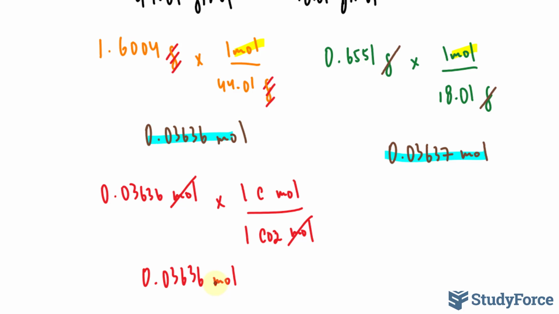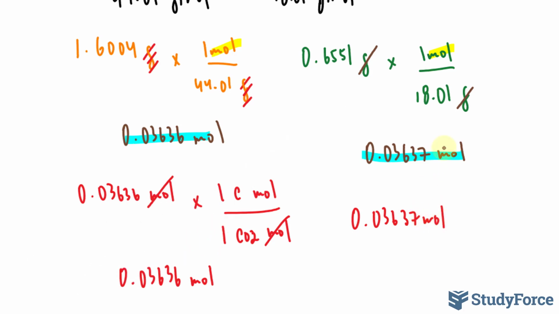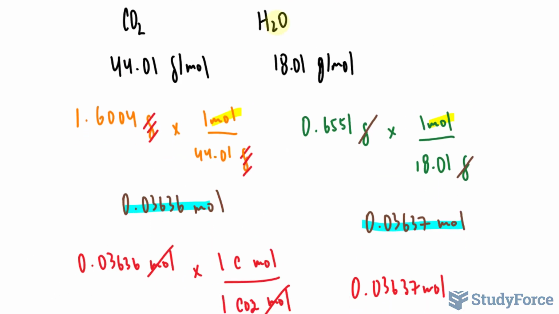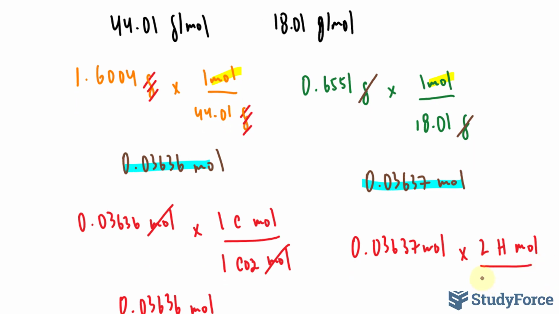Let's do the same thing for the next one. We have 0.03637 moles, and we have 2 hydrogens, so we multiply by 2 hydrogen moles over 1 mole of H2O.